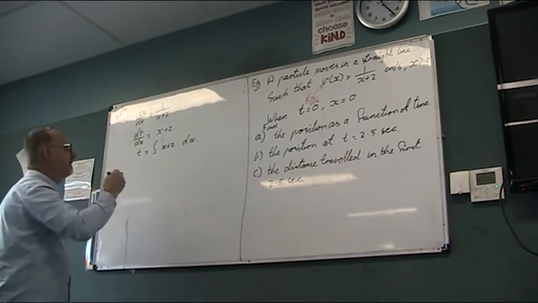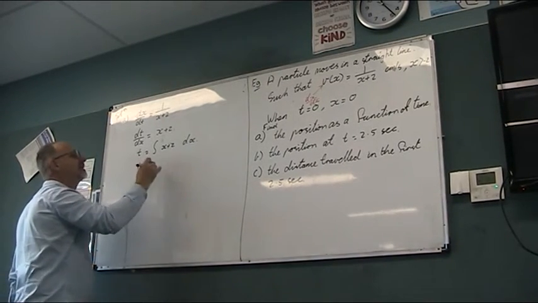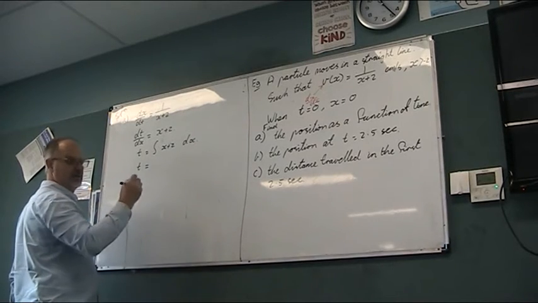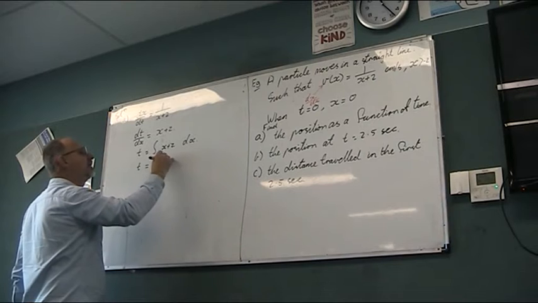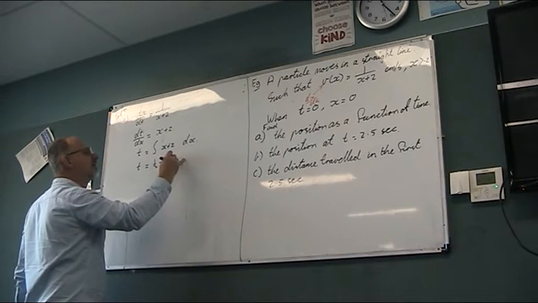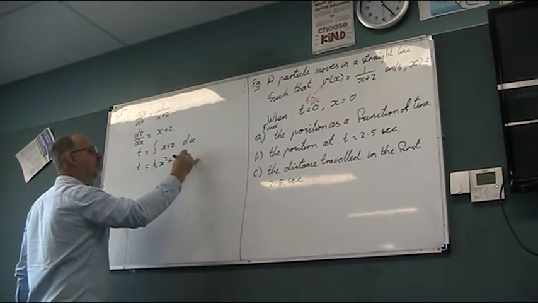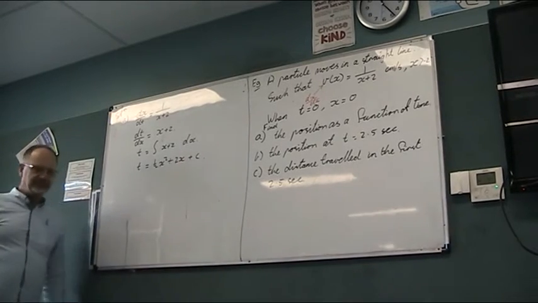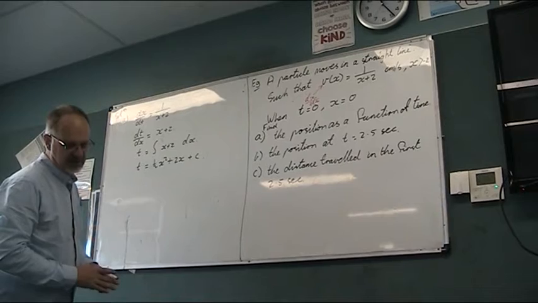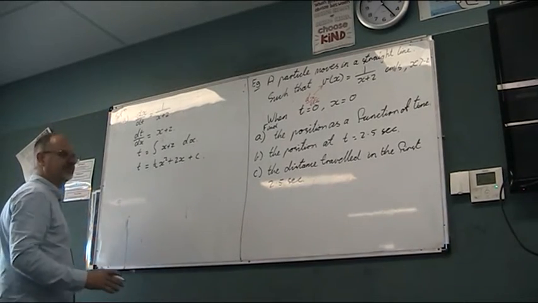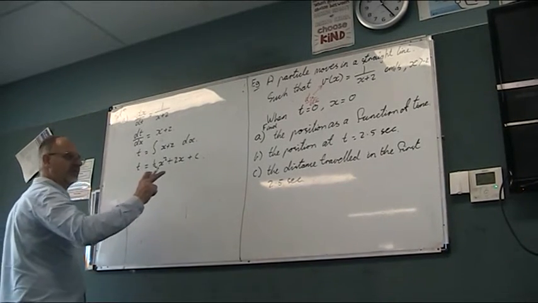And the antiderivative of that is x becomes half x squared, 2 becomes 2x, and we've got some constant. Now we know some information to help us find the constant.